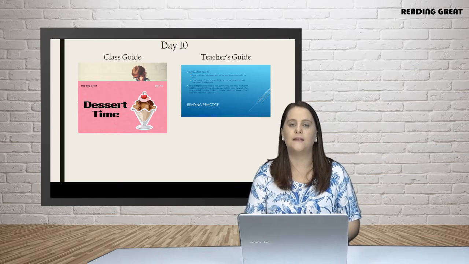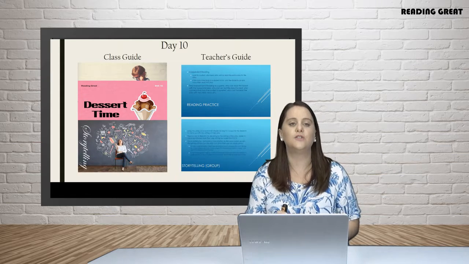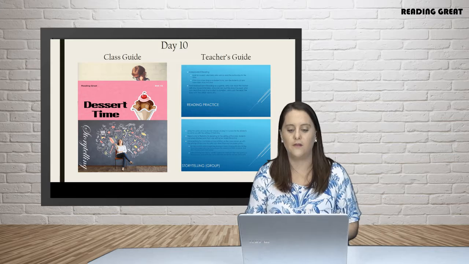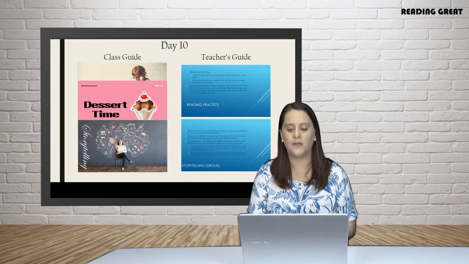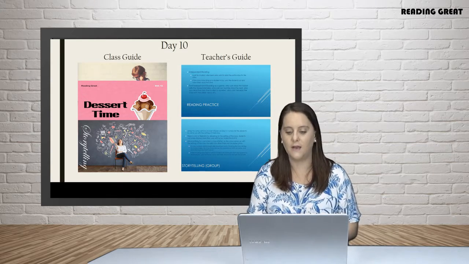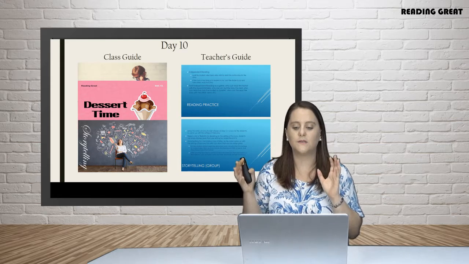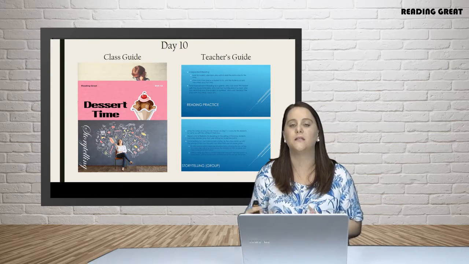Then we're going to go into day 2 of the storytelling part of it. Again, using the same picture prompt from day 9, it's now time for the students to create the setting.